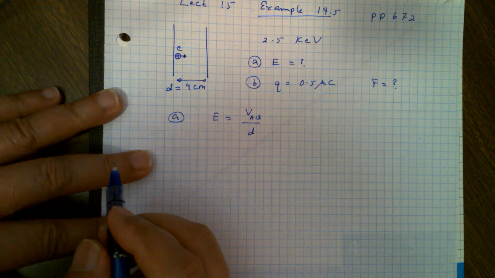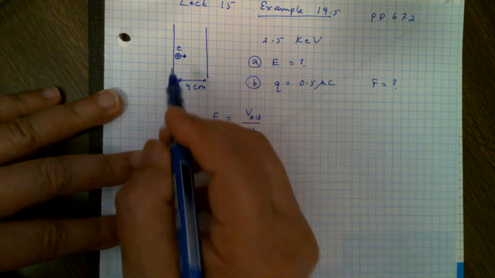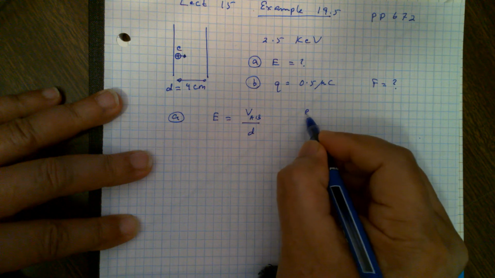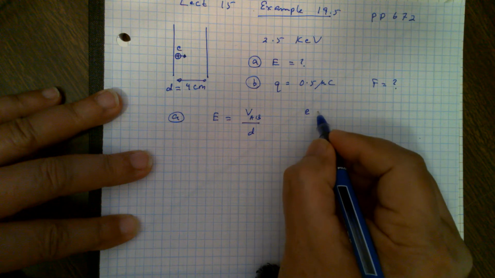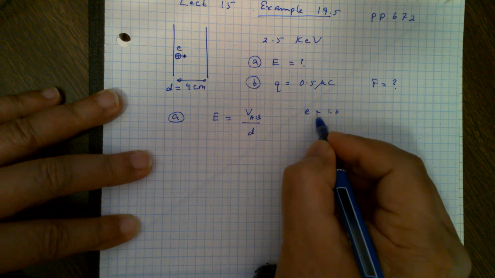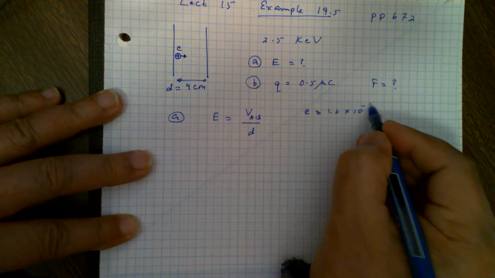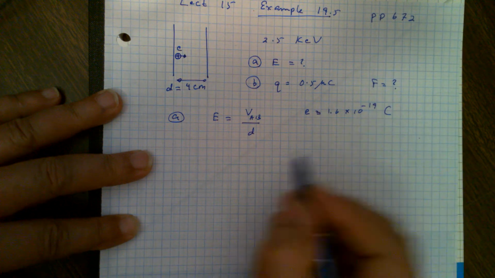All right? And now, the particle has charge 1 unit of electronic charge. That is E, that is 1.6 times 10 to the power minus 19 coulomb charge, right?